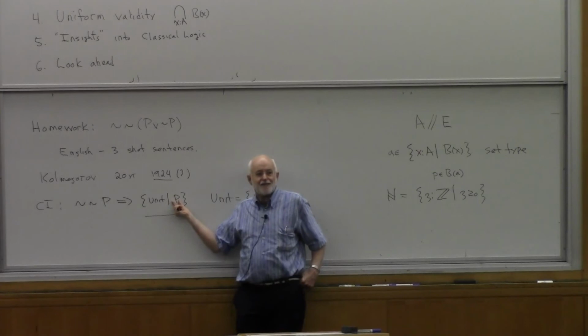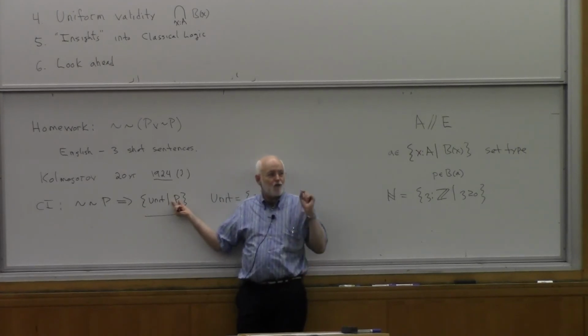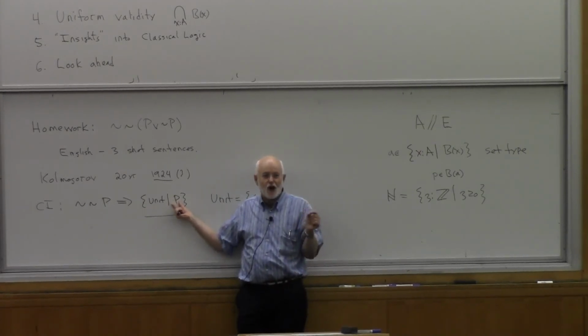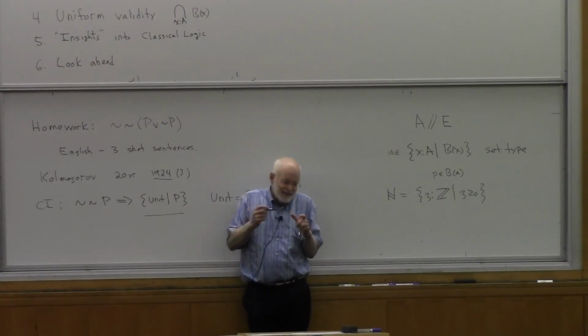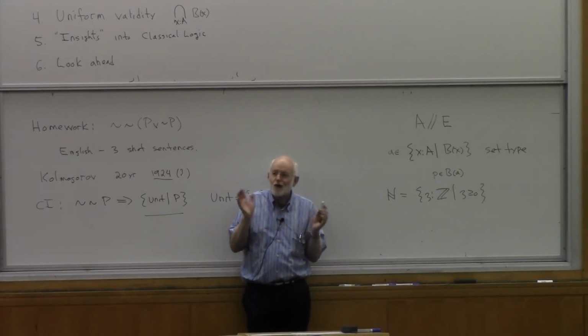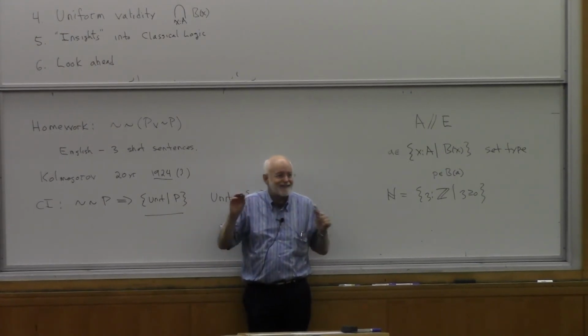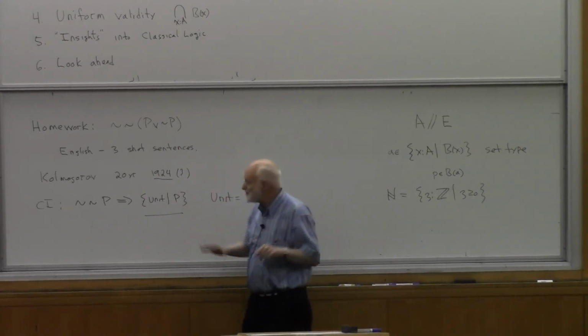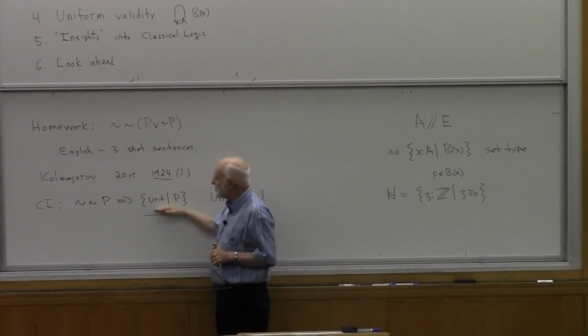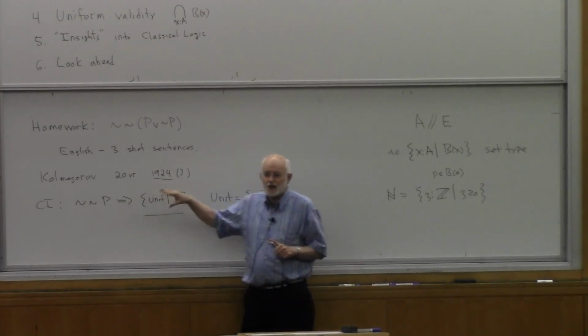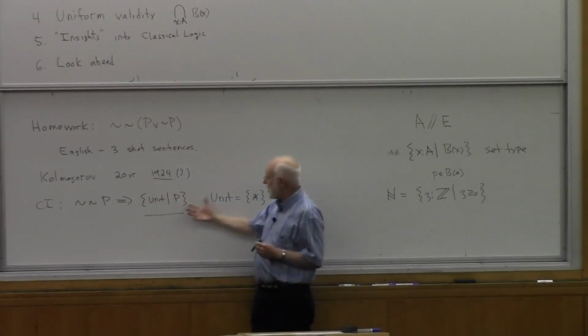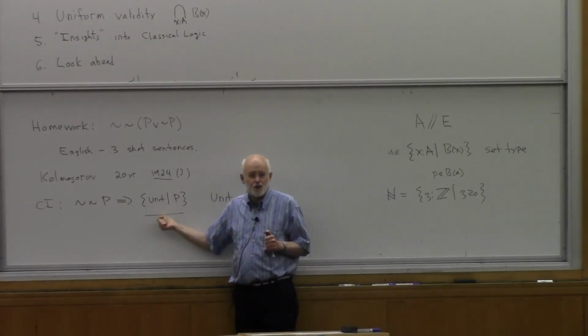The type can't be empty, and there's only one guy in it, star. So you think, well, that's real close to almost constructive, right? You say, all right, look, we'll take this as our classical introduction axiom, and when we want to do classical math, this is what we'll use.